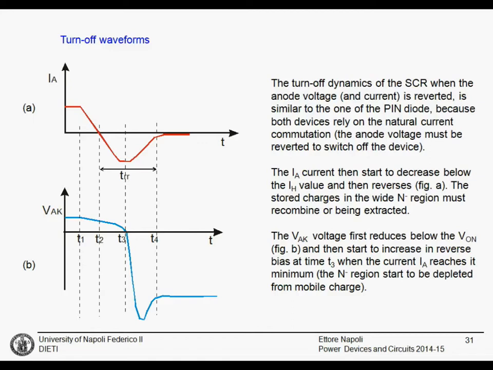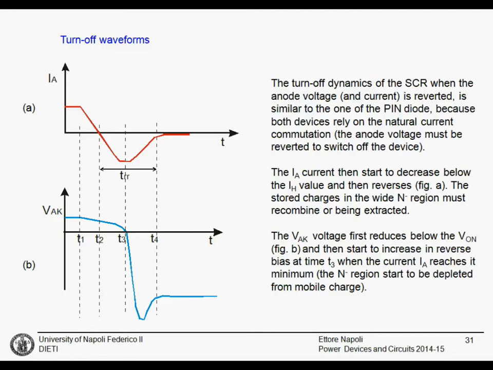Also in this case, the problem is not the circuital model. If you watch and study the circuital model with two BJTs, you will see, and as we will see in a few slides, that it is possible to switch off the devices with a negative current pulse.